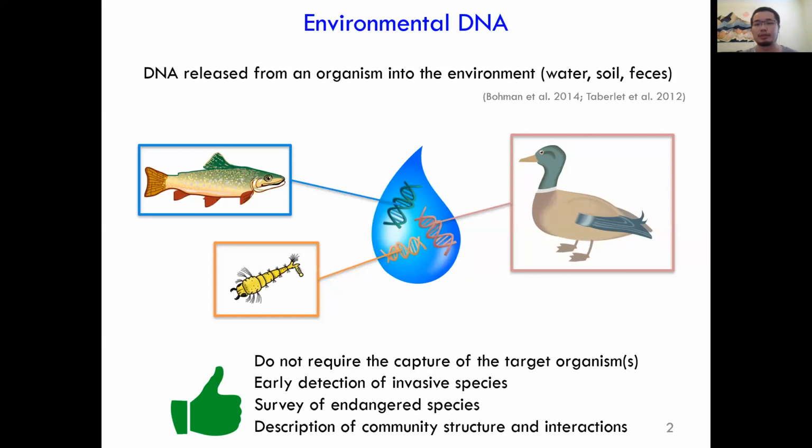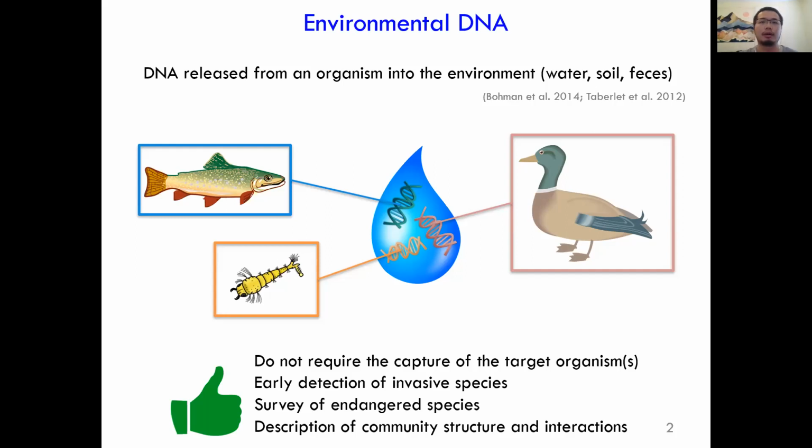So it's very useful for species of low detection probability using traditional methods and species of conservation concern, because we do not want to disturb the organisms. A few examples of application include early detection of invasive species and surveys of endangered species. And since we can get information on many species from the same sample, the description of community structures, even trophic interactions, is also made possible.